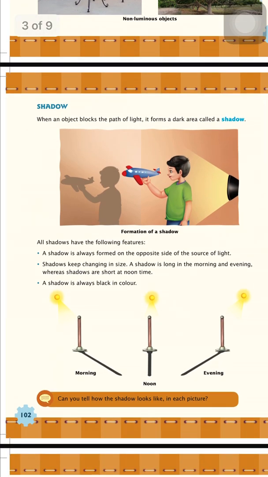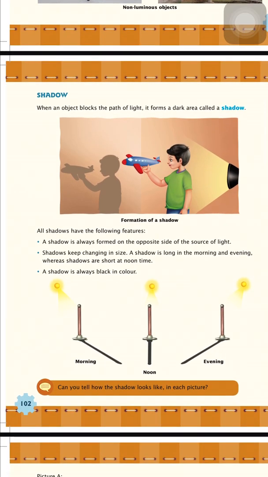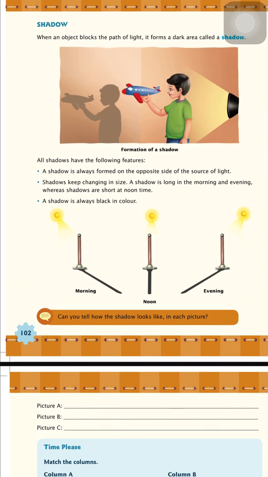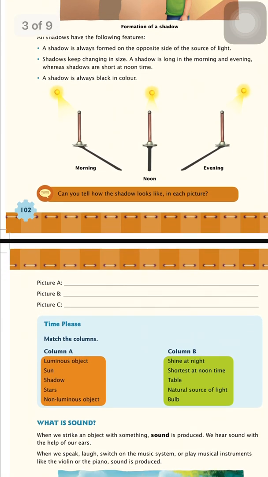Next is shadow. What is a shadow? When an object blocks the path of light, it forms a dark area, and that dark area is known as a shadow. After that we discussed some features of a shadow, that in the morning and evening the size of a shadow is larger as compared to noon time.